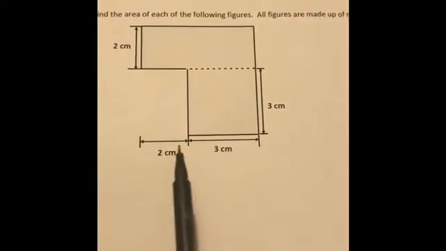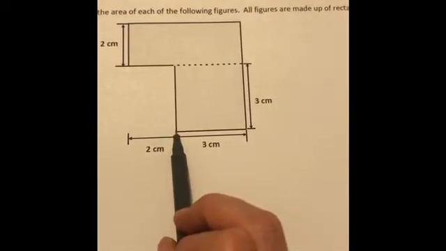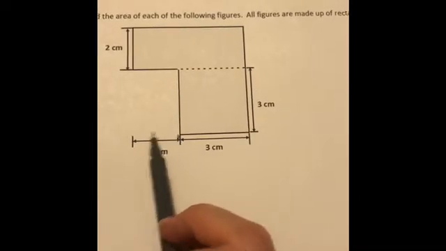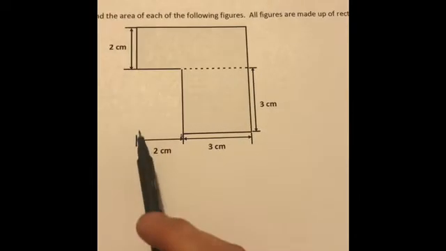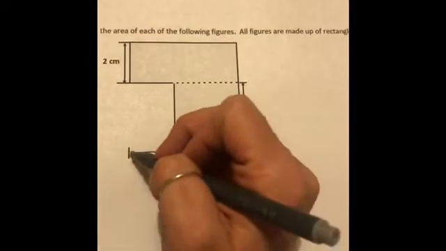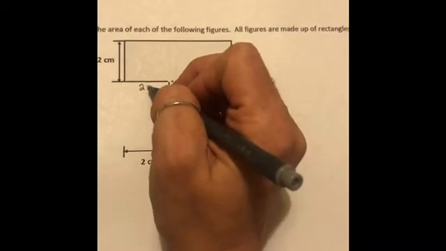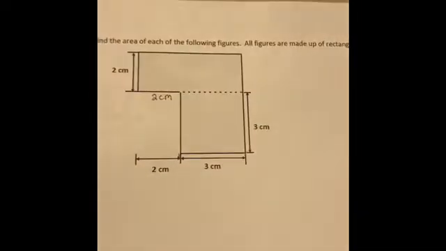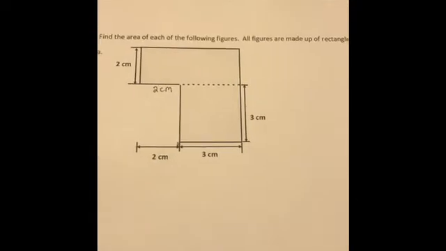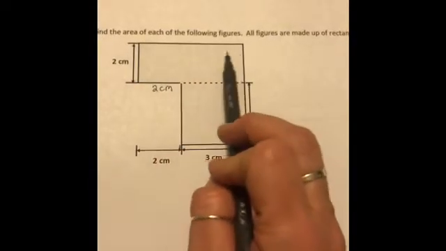But then I have this extra measurement. So I know the space from the end of the square to the end of the rectangle is 2 centimeters. So if this space is 2 centimeters, then I know that this space is also 2 centimeters. What I need to figure out is this unknown.